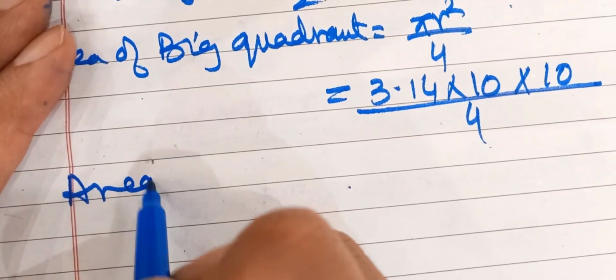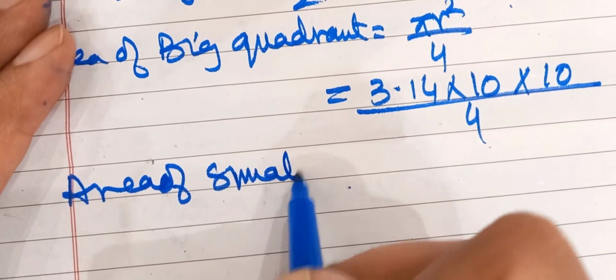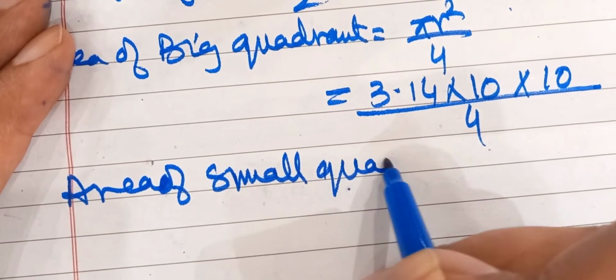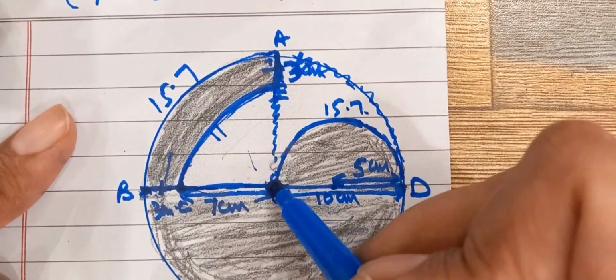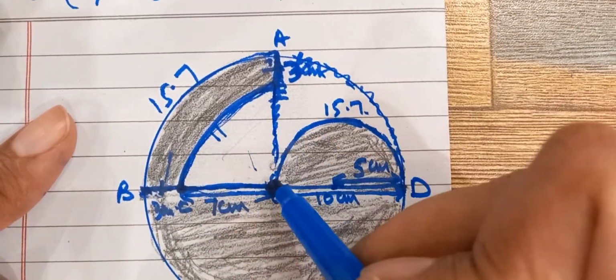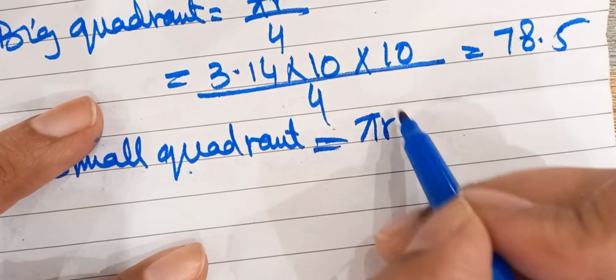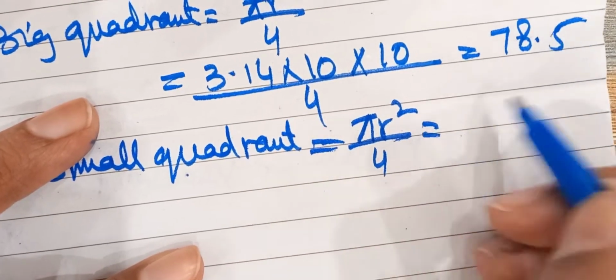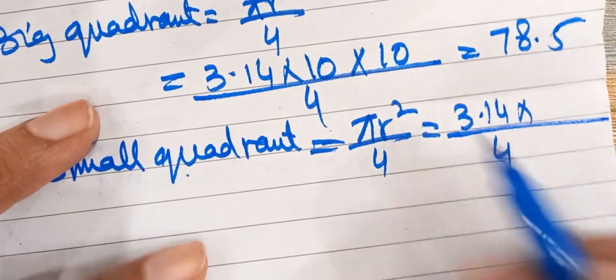Now I will find the area of small quadrant. The area starting from here till this is equivalent to pi r square over 4 is equal to 3.14 into r.